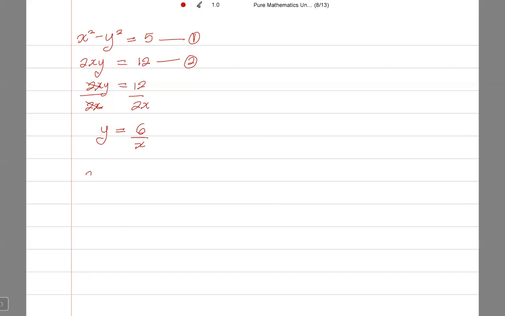So now I'm going to have x squared minus y squared, but y is 6 over x, squared, is equal to 5. You have done things like this already at CSEC, so it is more tedious than difficult. It's sort of long, but it's not difficult.